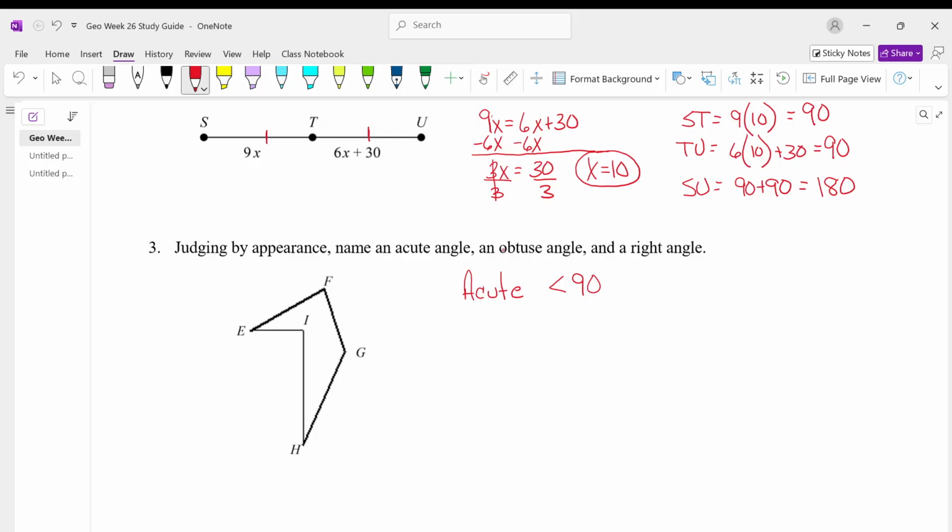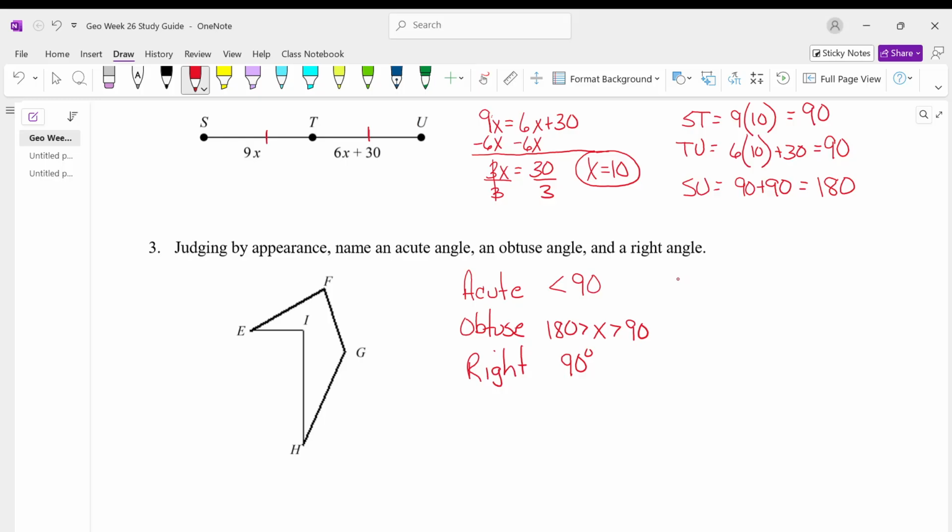An obtuse angle is between 90 and 180. And a right angle. What's the measure of a right angle? 90 degrees.